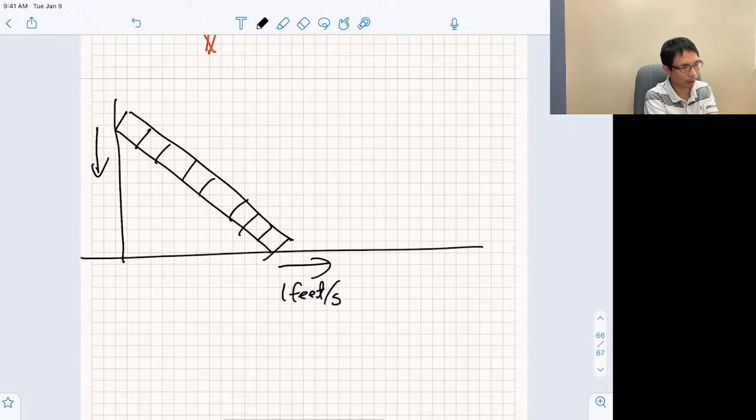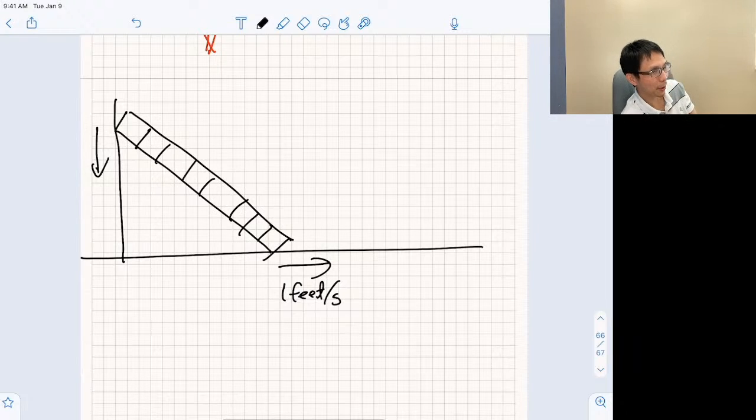If this is moving right, is that moving down 1 feet per second? Not the same rate, probably not. The question is kind of tricky, right?